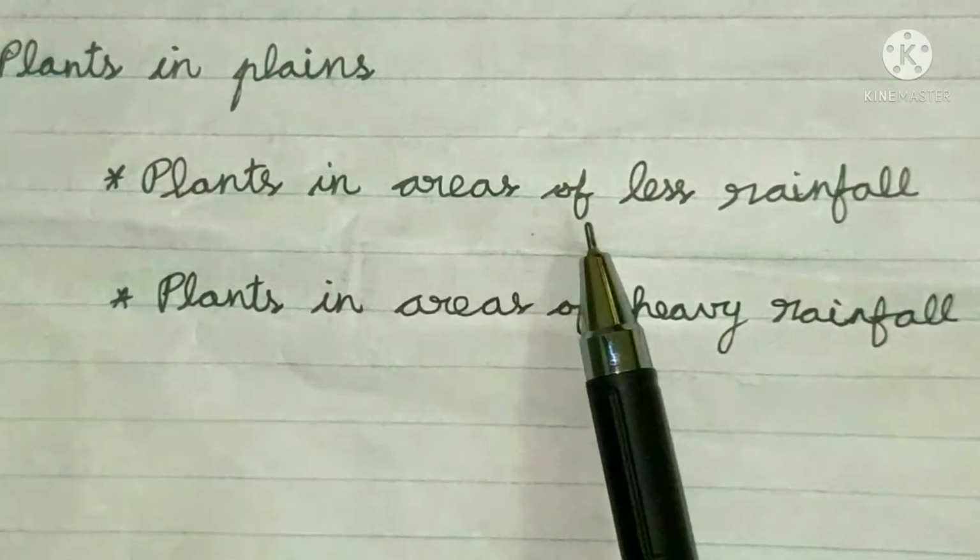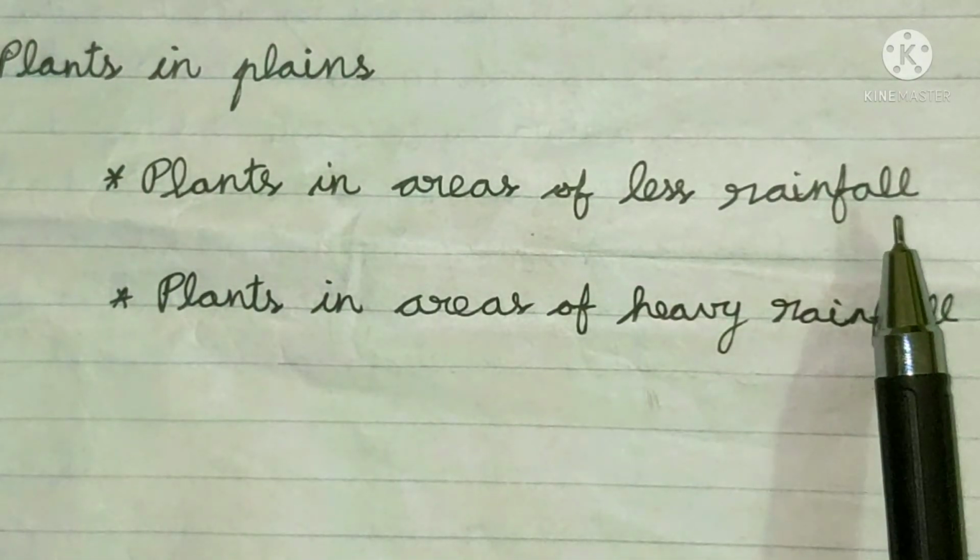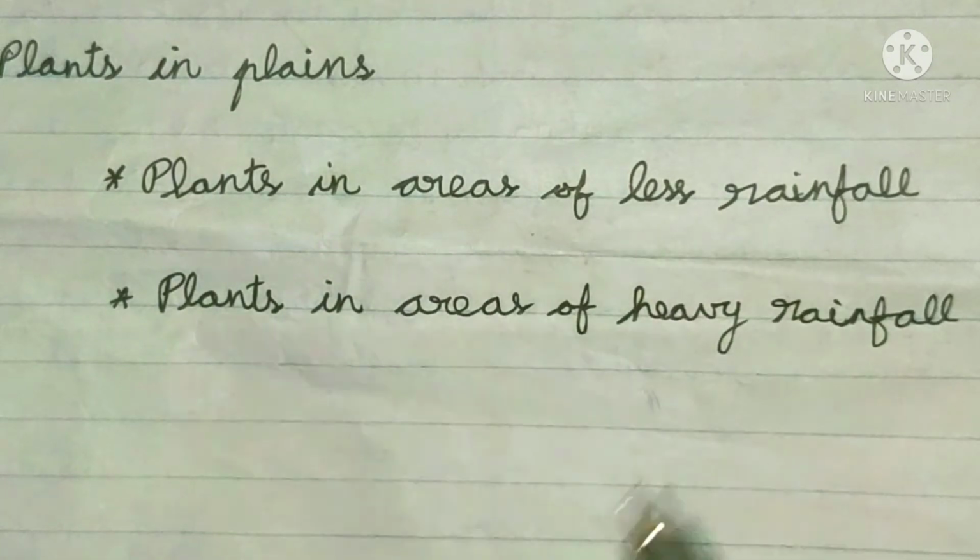First, plants in areas of less rainfall. In this area, the climate is very hot and the plants may shed most of their leaves in autumn. For example, neem, peepal, gulmohar, ashok, shisham and sal.